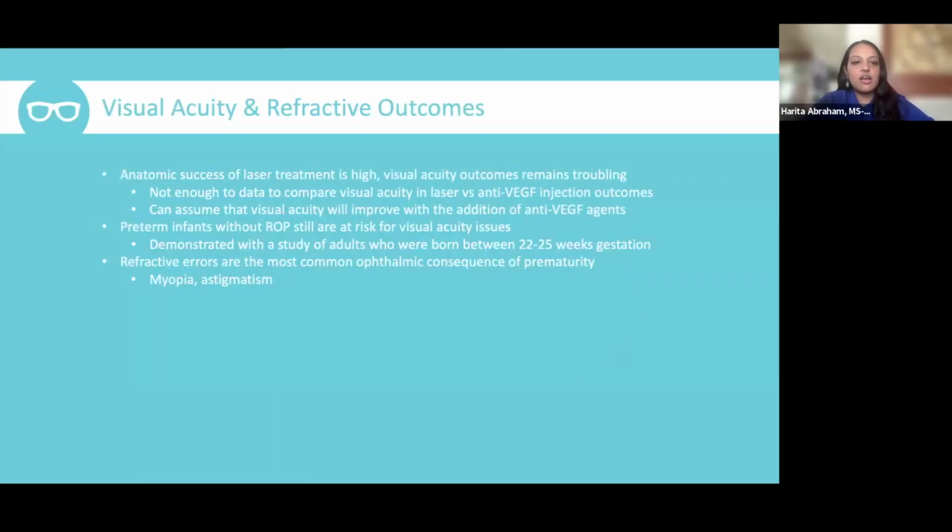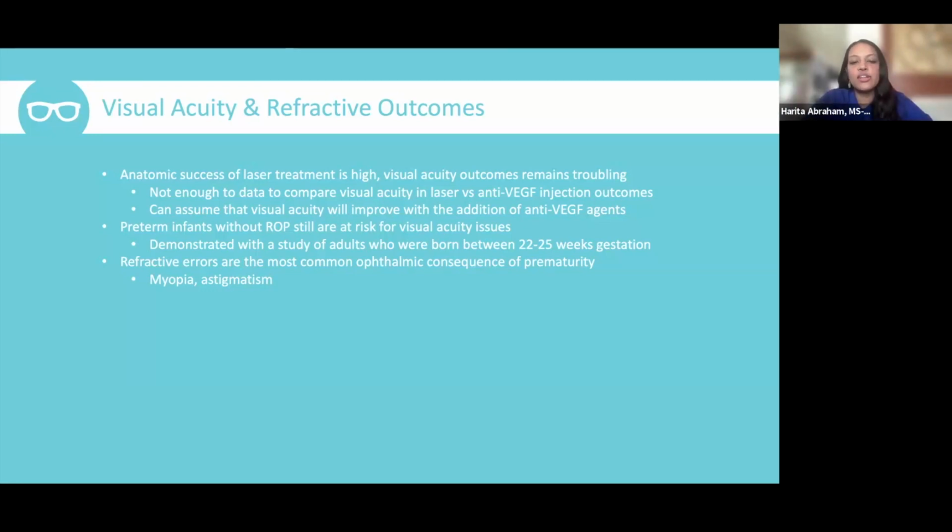So next, I'm going to talk about visual acuity and refractive outcomes and how prematurity has an impact on those things. Like I mentioned in the other slide, this author noticed that the success of laser treatment in improving the anatomy of the eye didn't really help improve visual acuity. Again, visual acuity is our ability to see certain shapes and things at given distances. Like I said, this is your nearsightedness versus your farsightedness and your astigmatisms.